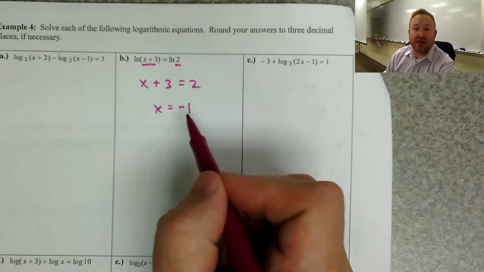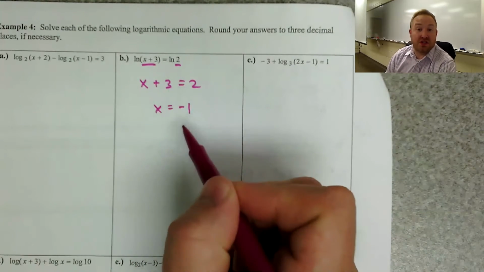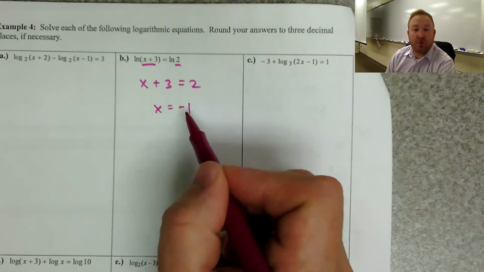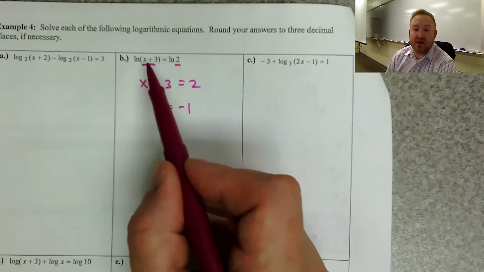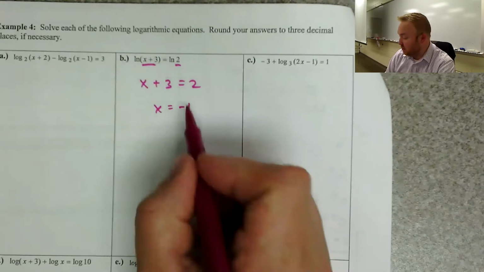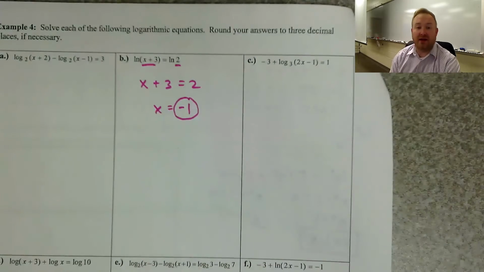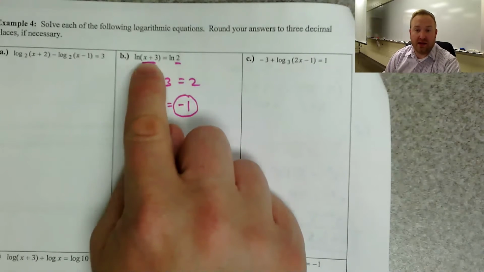I want to point out here that this -1 solution is okay, because if you put -1 in for x in this argument, -1 plus 3, that's still a positive number. And so it's totally fine to have a solution that is a negative number. We just have to make sure it doesn't make the argument negative, okay?